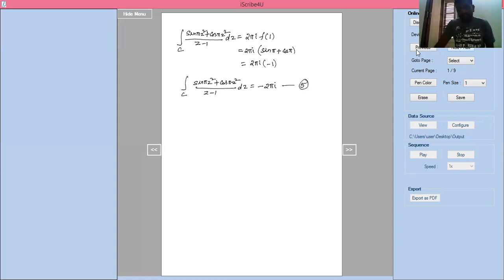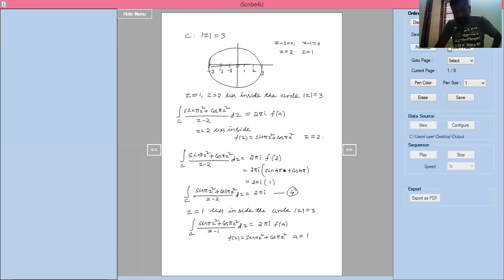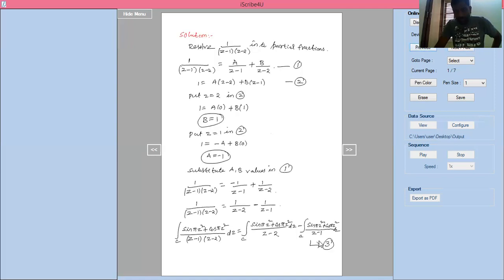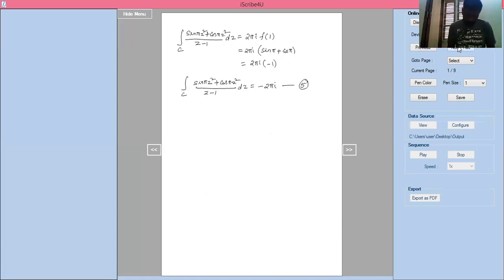Now, this is equation 4, this is equation 5. What is equation 3? In equation 3, we substitute equation 4 and equation 5.